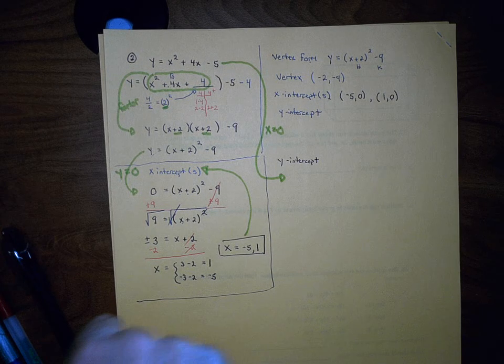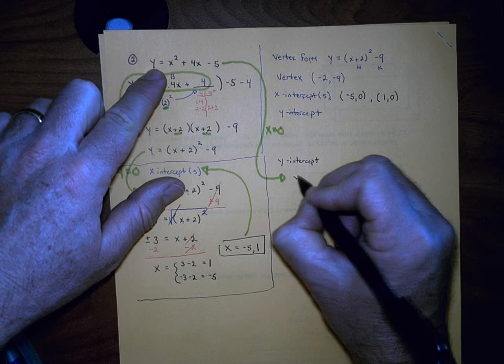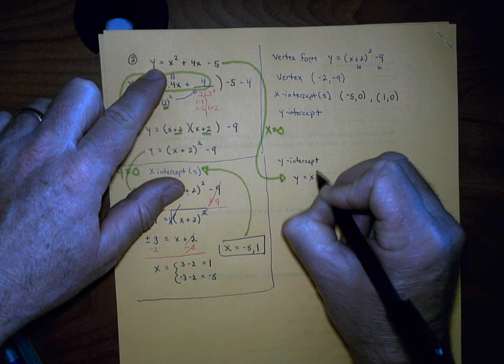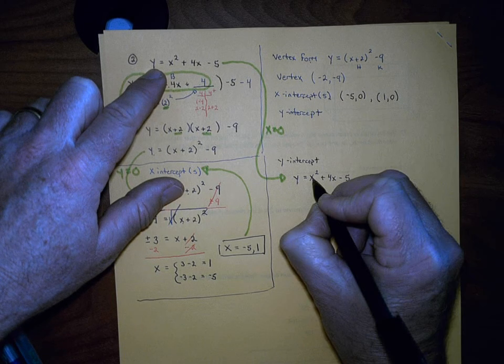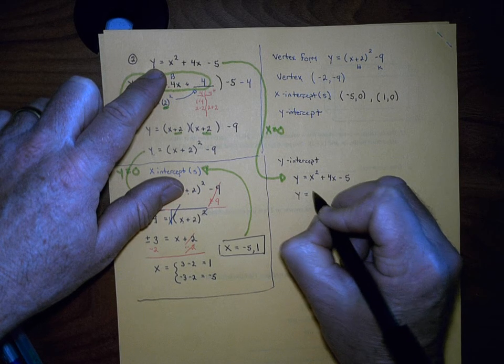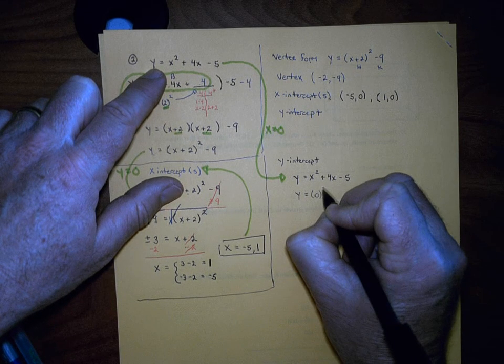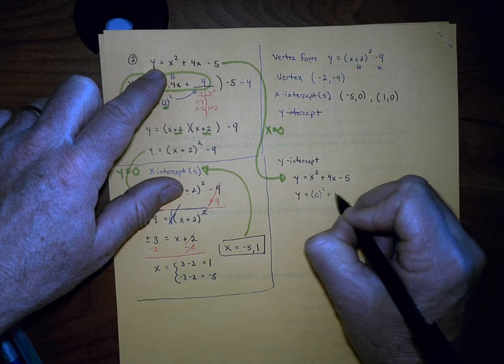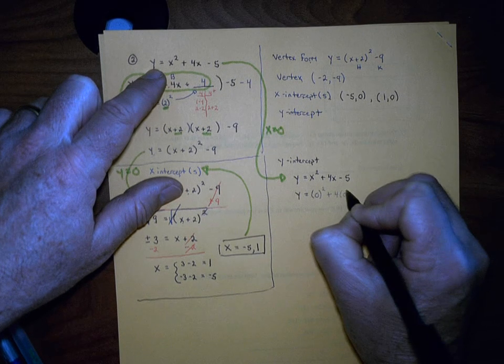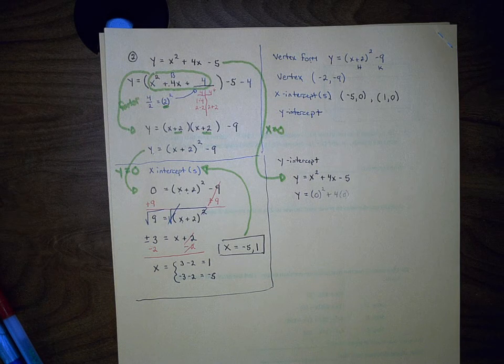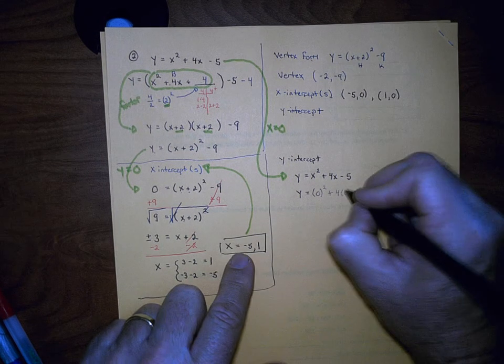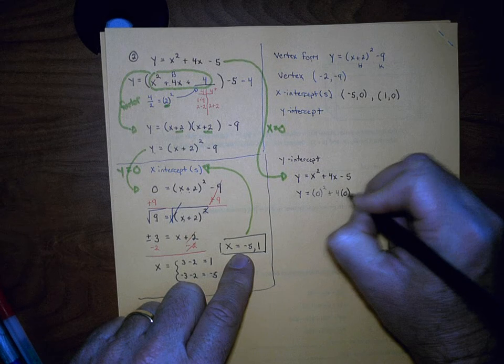So instead of y equals x squared plus 4x minus 5, you change all the x's to 0, so you would get y equals 0 squared plus 4 times 0, minus 5.